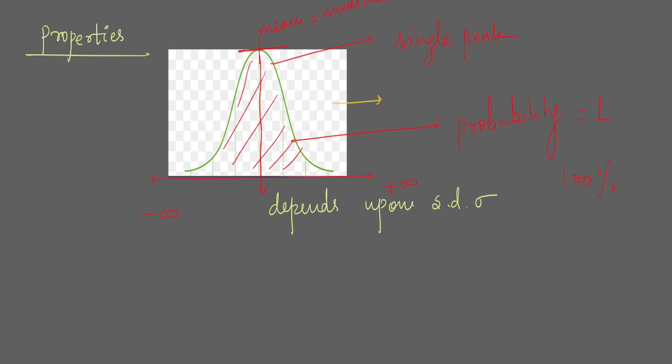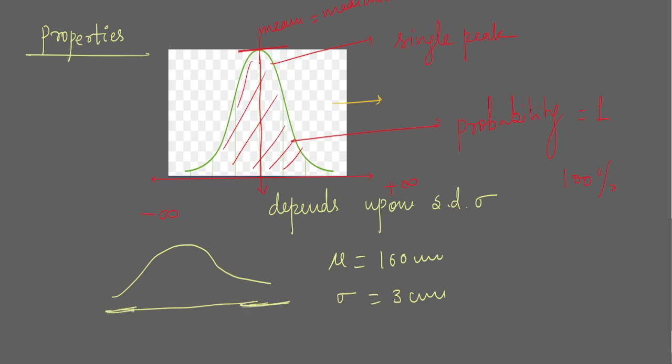For example, we can consider a normal distribution with mu equal to 160 centimeter and sigma equal to 3 centimeter. And one more thing, if we observe this normal distribution, the horizontal line never touches the curve. It goes from minus infinity to plus infinity.